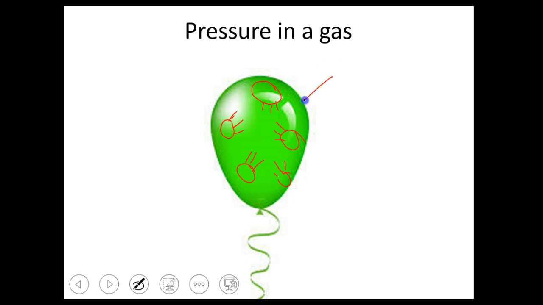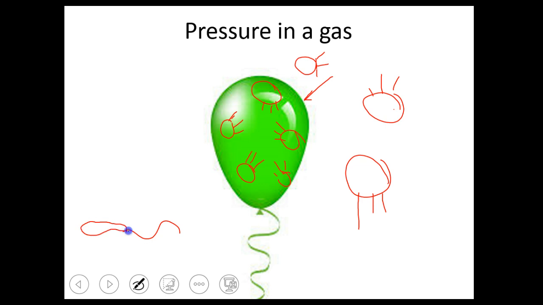And then if you were to take a pin, all of those gas molecules would suddenly be released into the atmosphere, no longer confined to the balloon, and the pressure would go down and you'd have a very sad balloon, right? It would deflate and it would not have enough pressure to be a balloon anymore. All right.